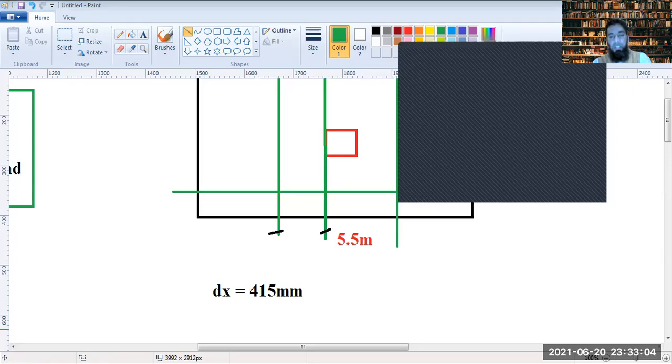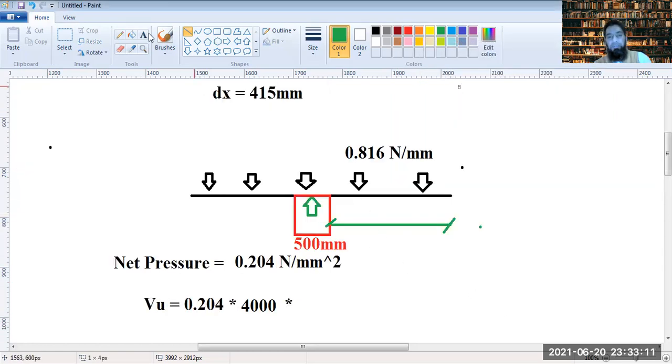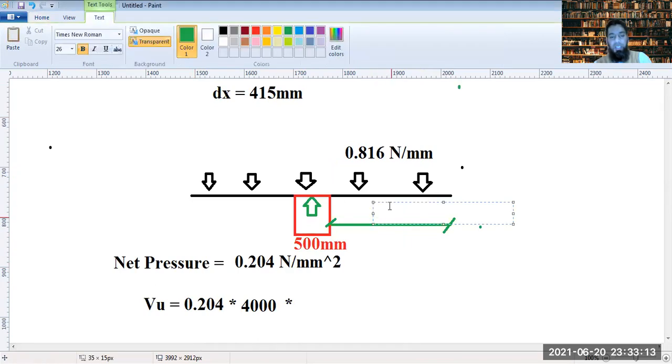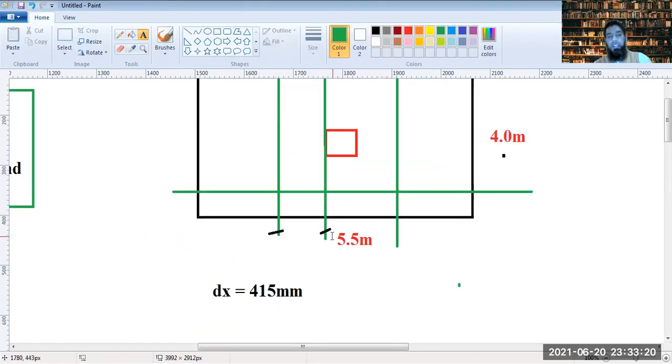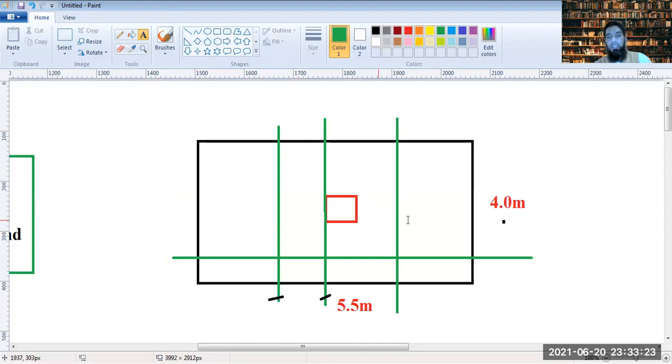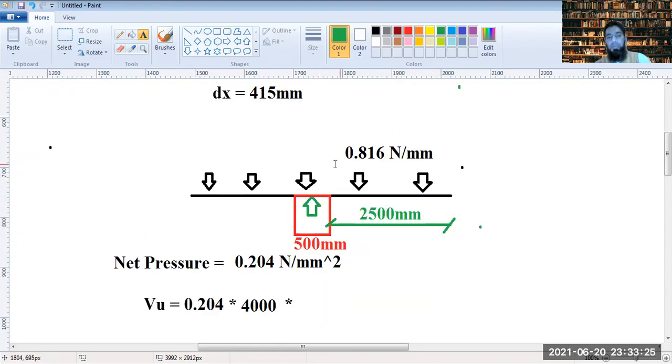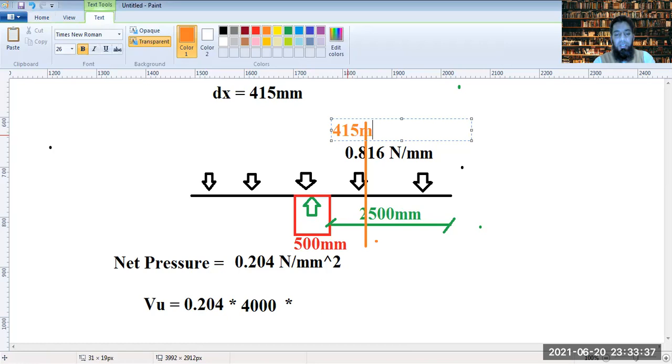You just subtract 500 of the column, divide that by 2. So that's 2,500. So this distance is 2,500 mm. Now, where do I need the shear force? At a distance of dx, that's 415 mm. So I need the shear force somewhere here, which is at a distance of 415 mm.